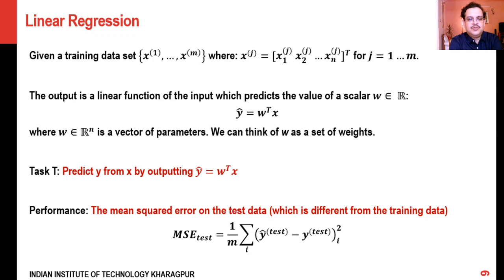Now what is the mean square error over the test data? So that is, as you can see here, if there are m data points for the mean square. Let me put it back into full screen.